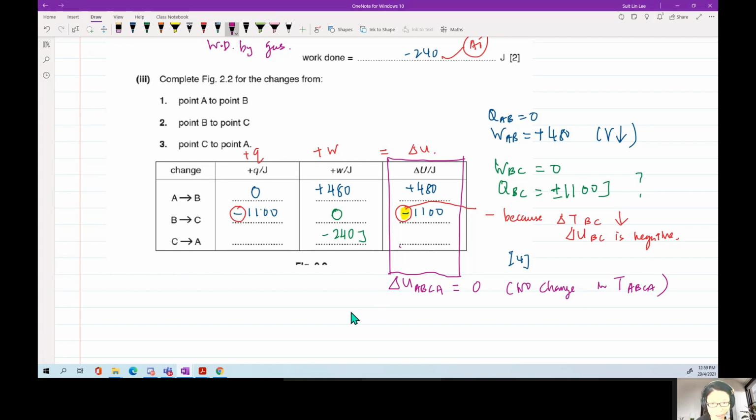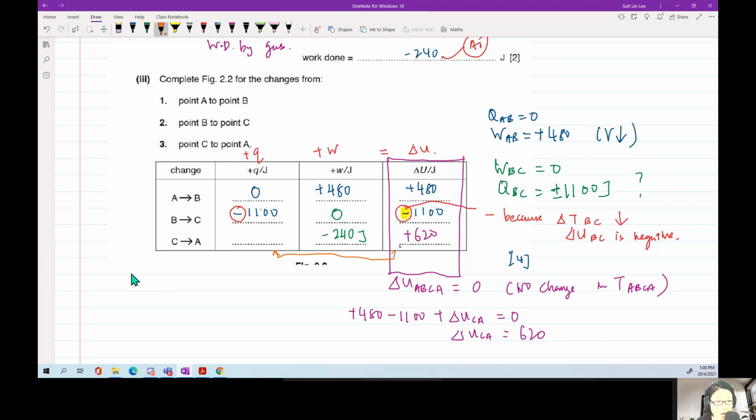So positive 480, negative 1100 plus delta U_CA is 0. You can find delta U_CA, right? Just bring over 1100 minus 480 will be 620. This is 620 positive.